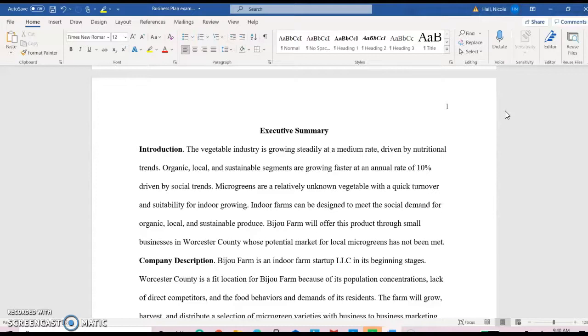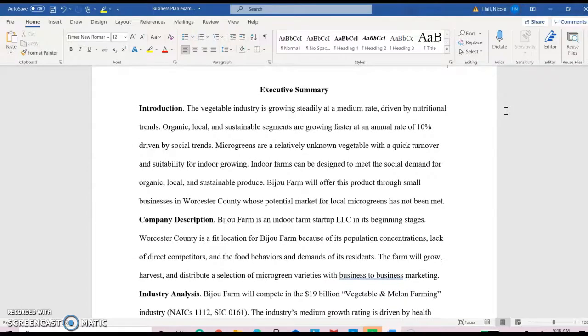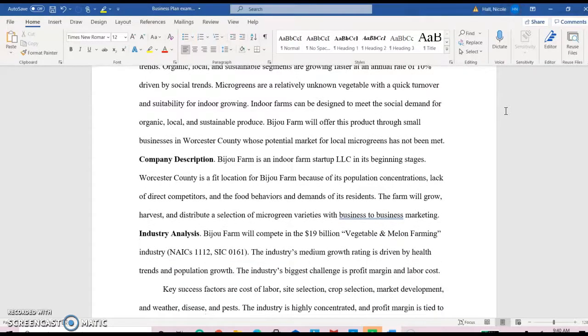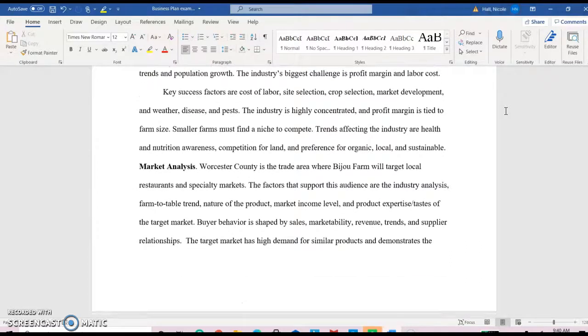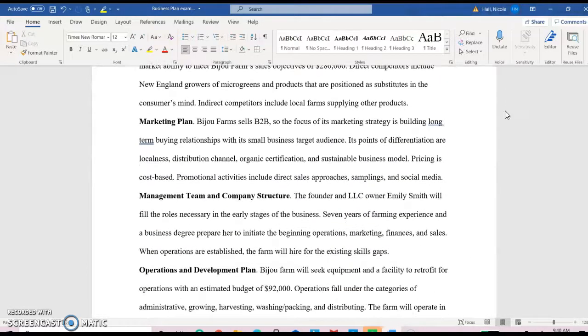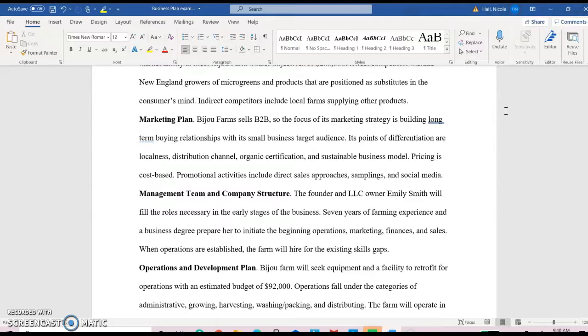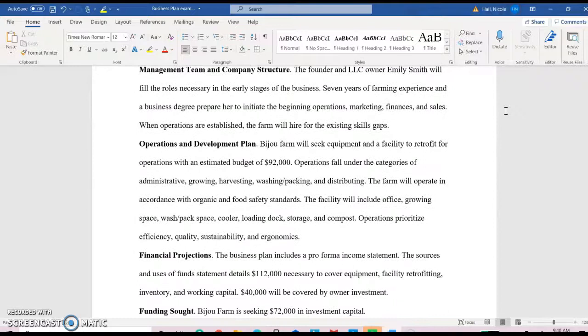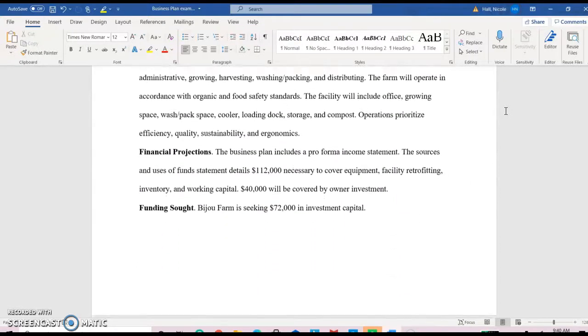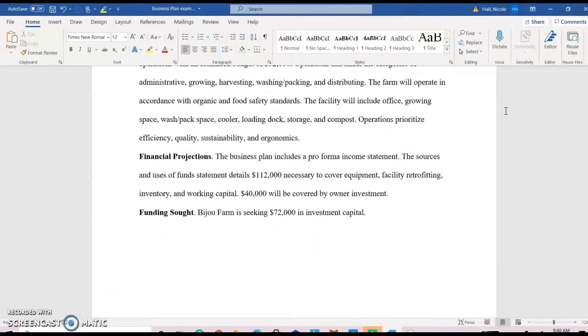So the executive summary should include an introduction, the company description, the industry analysis, the market analysis, the marketing plan, the management team and company structure, the operations and development plan, the financial projections, and the funding sought. All right.